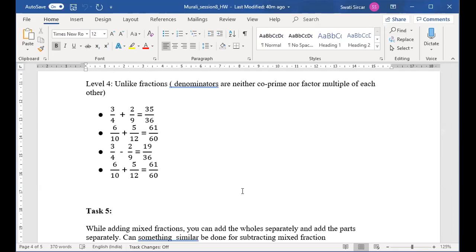If they are not co-prime, then they need to have a common factor other than 1. Do 4 and 9 have a common factor other than 1? No. So that part wasn't correct.